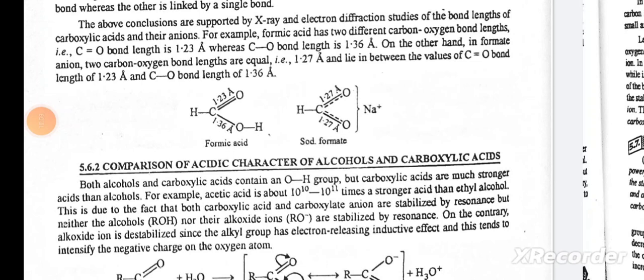On the other hand, in formate anion, two carbon-oxygen bond lengths are equal, that is 1.27 angstrom, and lie in between the values of C double bond O bond length of 1.23 angstrom and C-O bond length of 1.36 angstrom. Formic acid, sodium formate. Look at these structures.